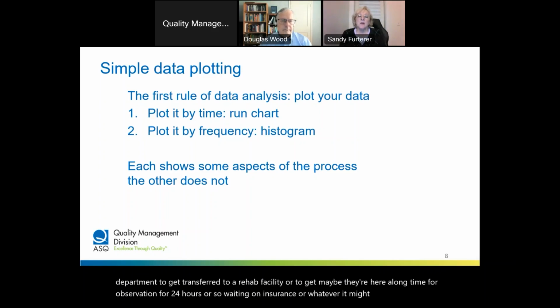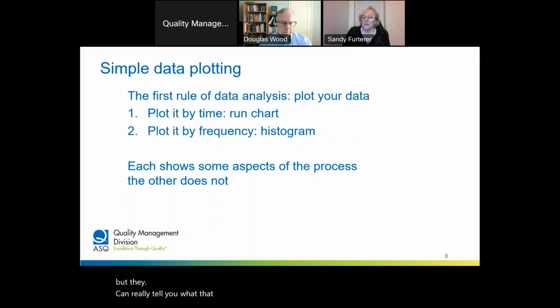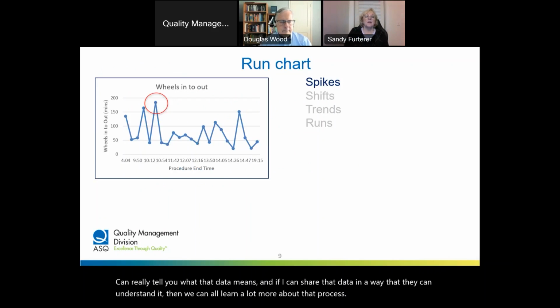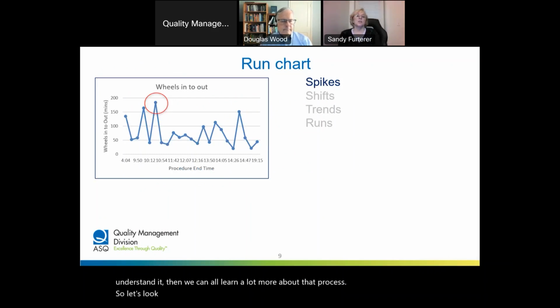They can really tell you what that data means. And if I can share that data in a way that they can understand it, then we can all learn a lot more about that process. So let's look at the run chart.